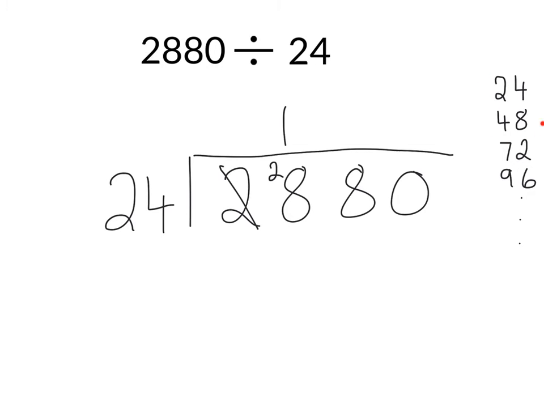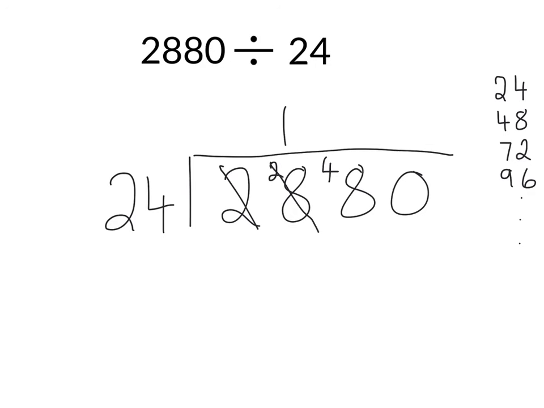However, if I did 2 times 24, that gives me 48. 48 is a larger number than 28, so we can never go bigger. 24 goes into 28 once with a 4 remainder, so we carry the 4 that we have left over onto the next number.